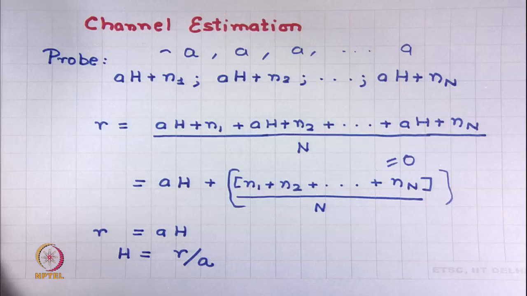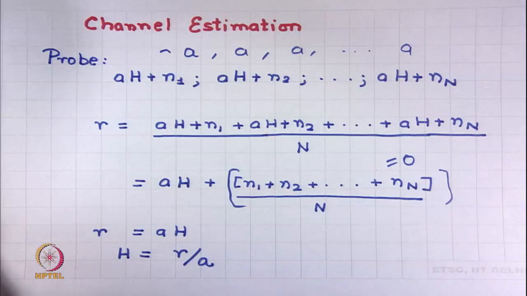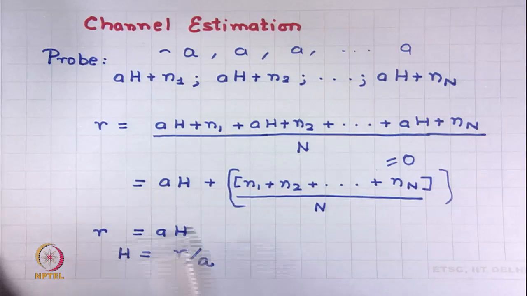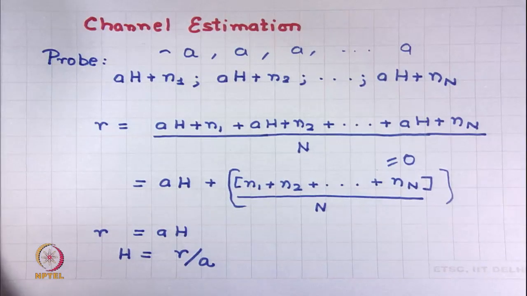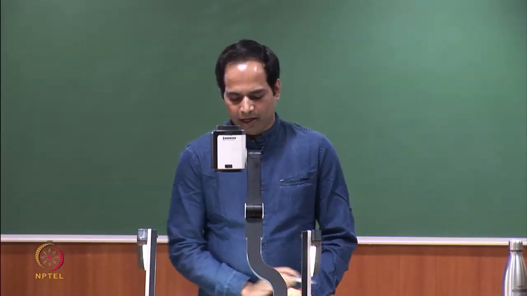So, what we are saying in this case is, let us assume that the channel remains constant for a certain time, and in that time duration I am transmitting n symbols. By receiving the sample values corresponding to n symbols, summing them up and dividing by n, the receiver will simply obtain A times h, where A is the numerical value of the probe signal and h is the channel gain, and thus from r the receiver can simply calculate h.